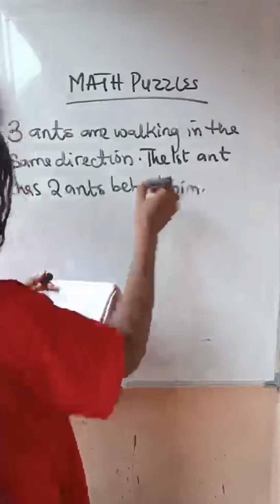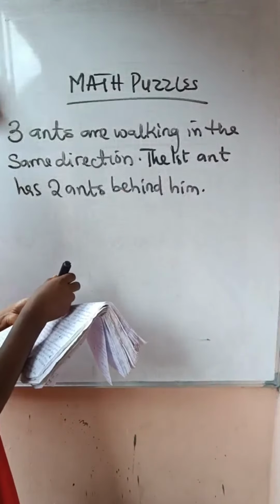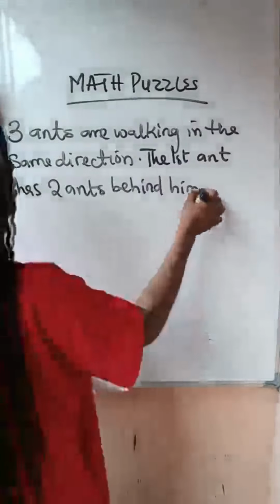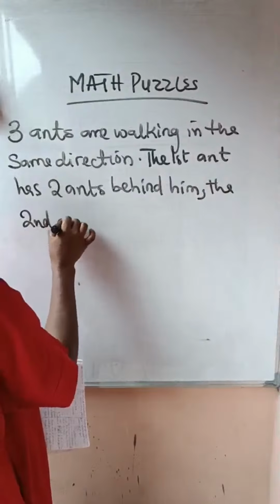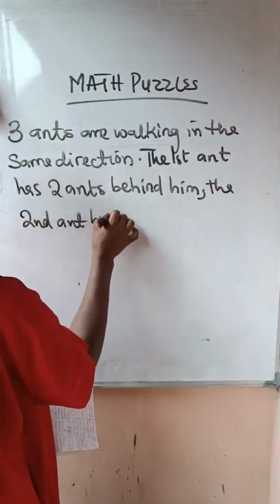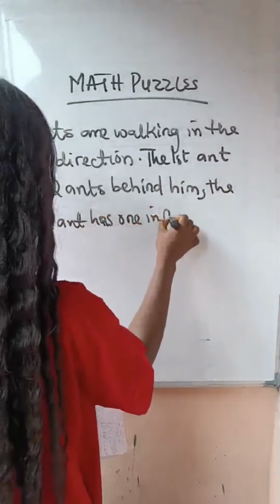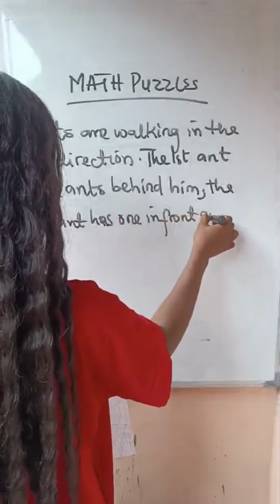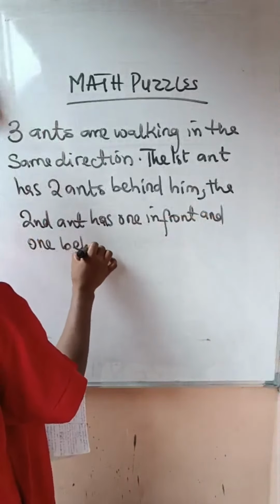The second ant has one in front and one behind.